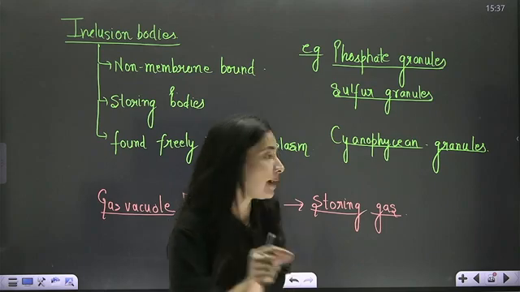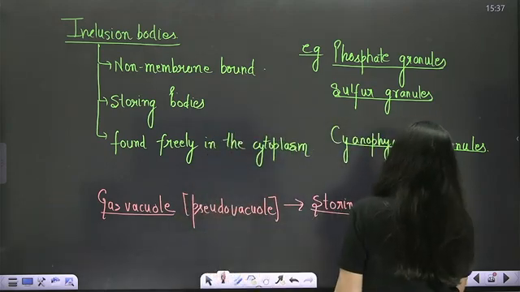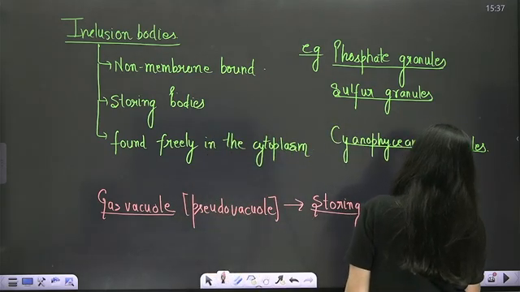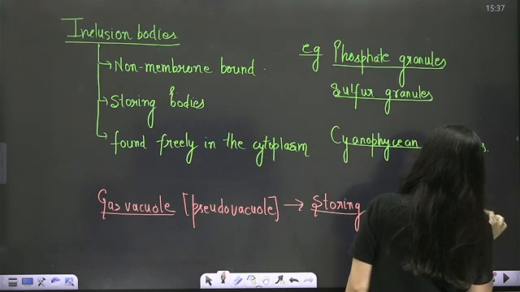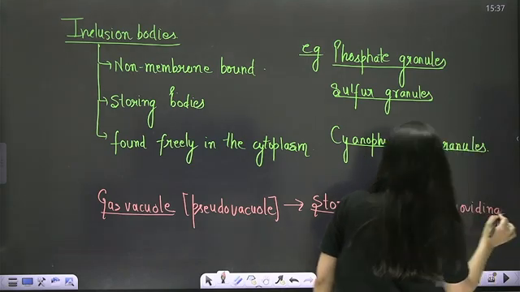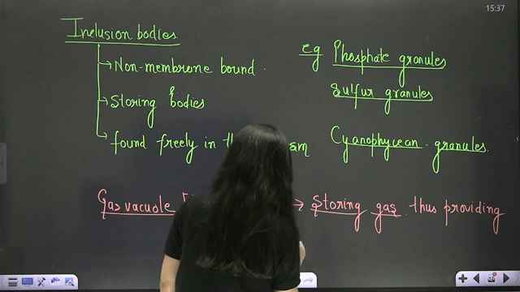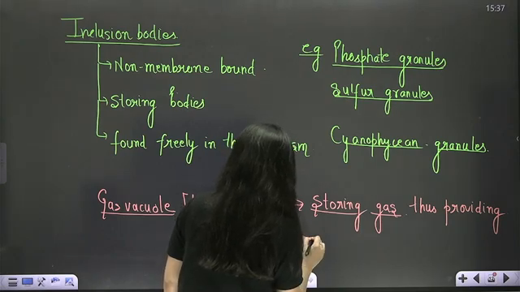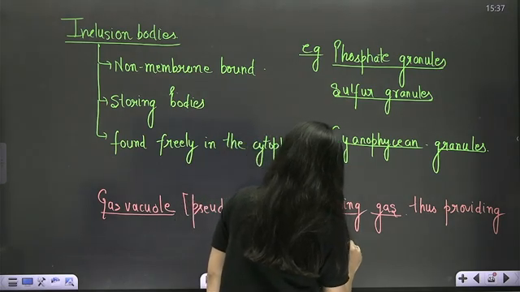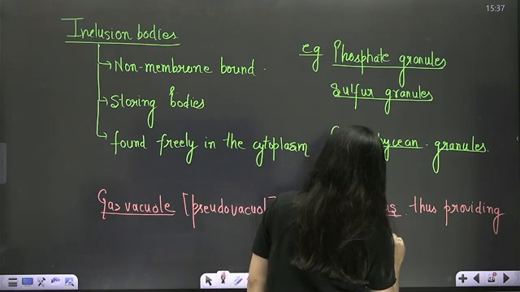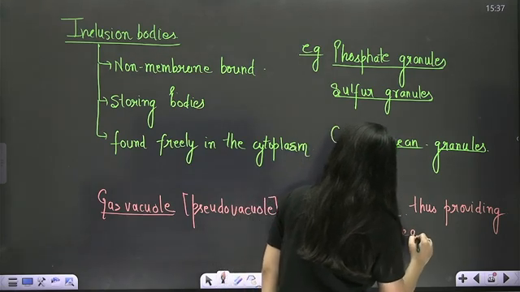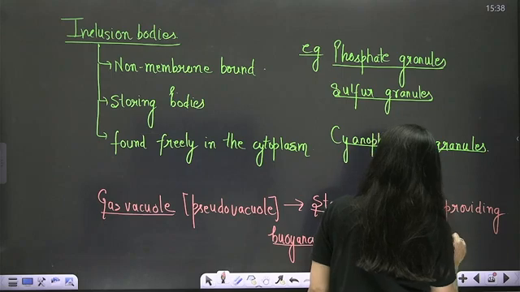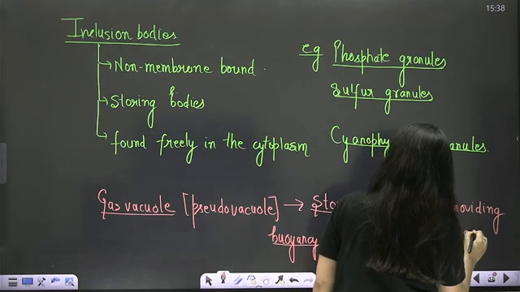So you have to remember, they store gas, thus providing buoyancy. I hope you all know buoyancy, Archimedes principle. Yes, and they are exclusively found in blue-green algae, which is actually cyanobacteria, a type of prokaryotic organism.